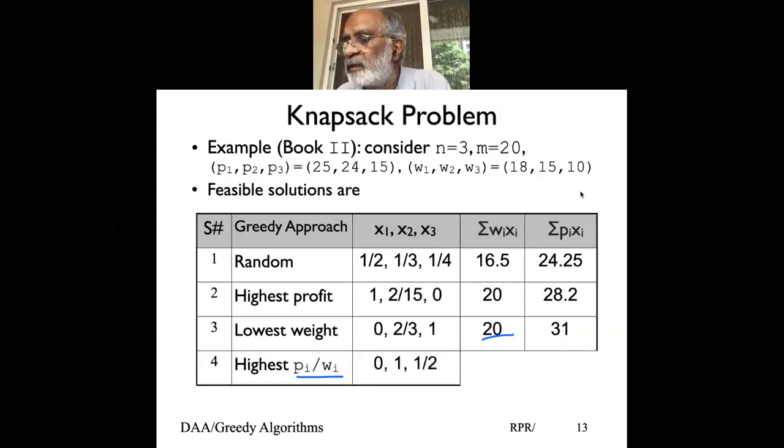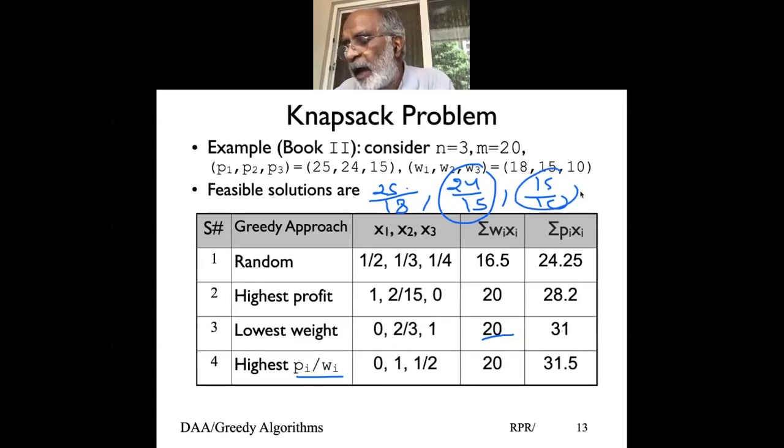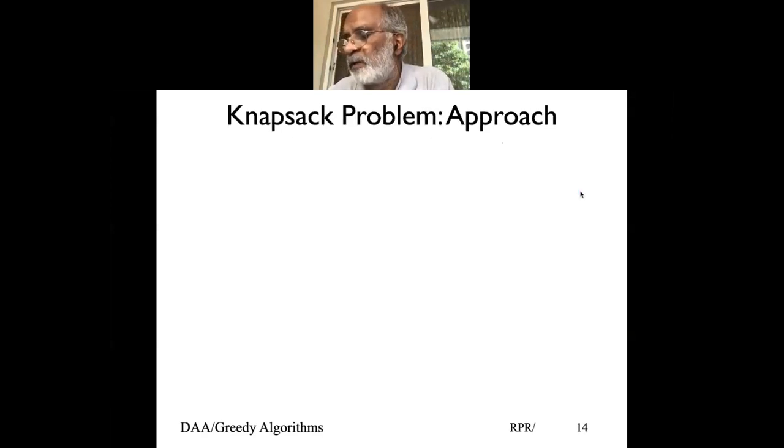When I do that, the ratio for the first item is 25/18, for the second 24/15, for the third 15/10. This happened to be the highest, so we take all the items of this, then this is highest and this is the lowest in the order. So we pick up, my profit becomes, and this is what we call the greedy approach to the knapsack problem.